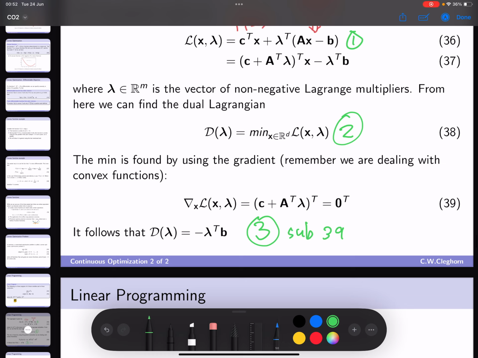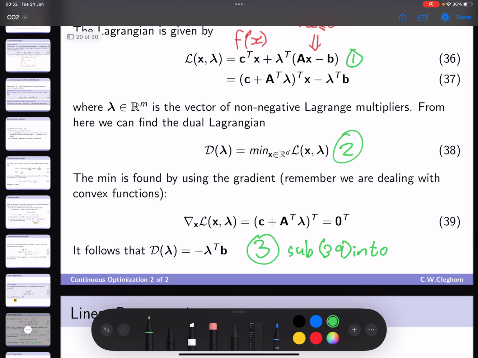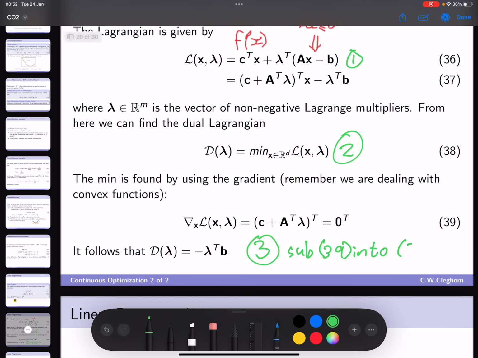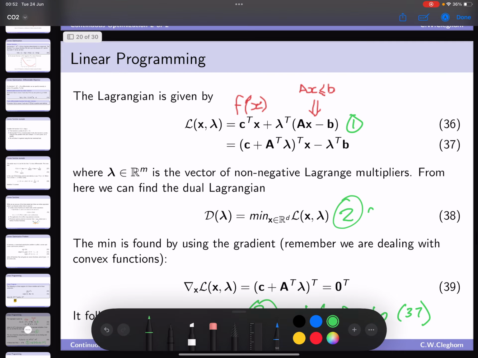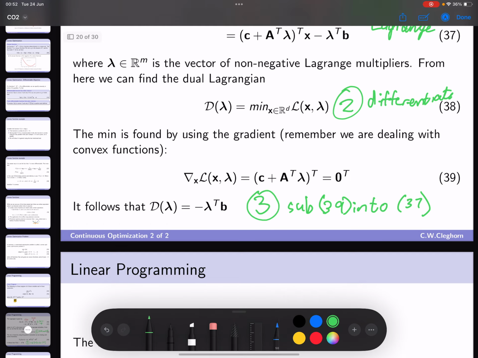Number 2 was differentiate, and 1 was form the Lagrangian. Those are the 3 steps.